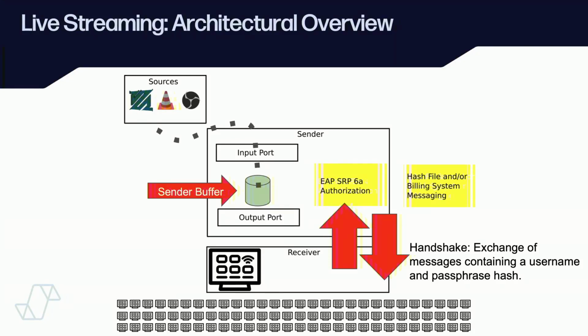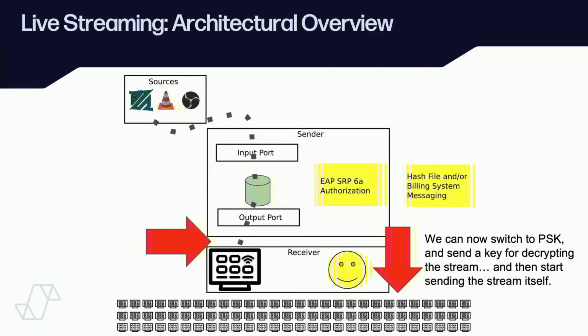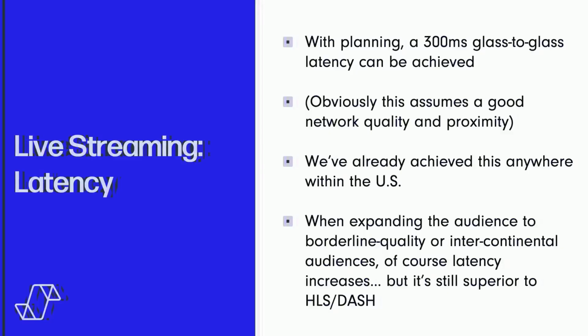The sender sends back, yes, I hear you. The username is found, and then it asks for the password hash. Then the password hash is exchanged, and now the receiver has been authenticated. Now that the receiver has been authenticated, the sender is going to transmit the encryption key, and then the communication can start over an encrypted channel. So we have authentication and encryption.